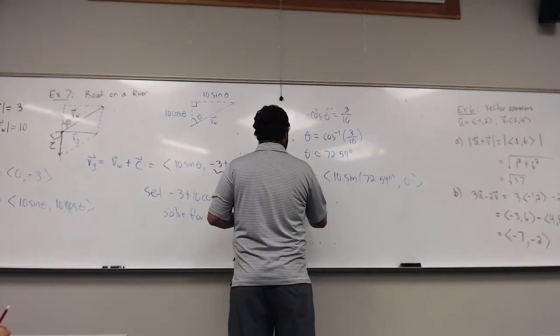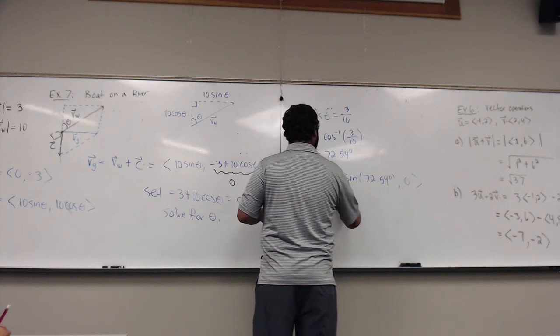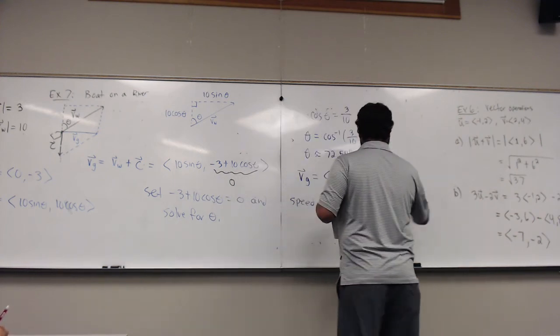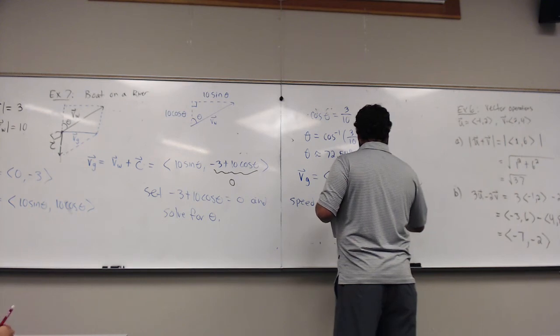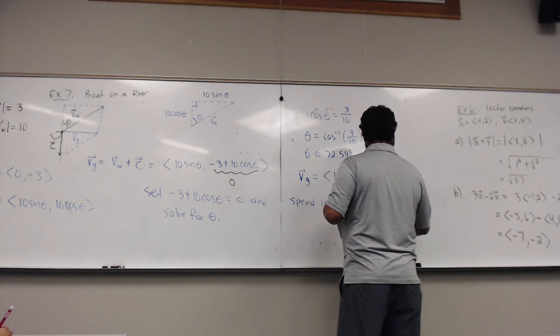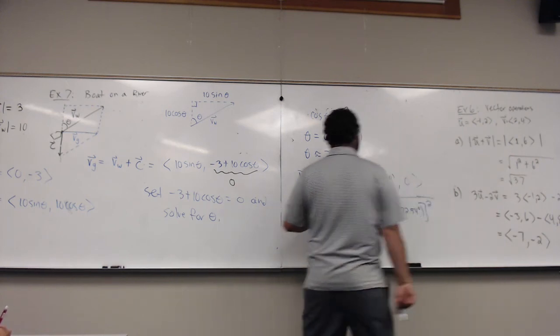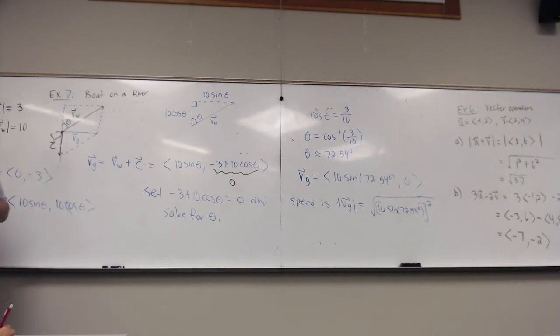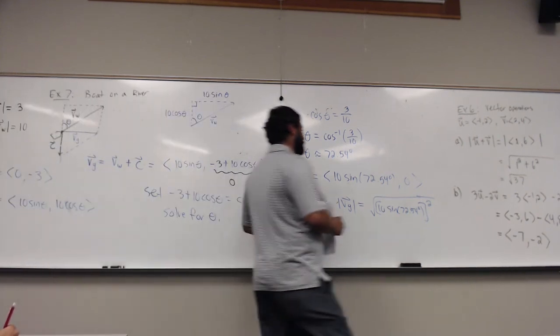And then the speed is the magnitude of that vector. The boat's going to be traveling at a speed of the square root of 10 sine 72.54 degrees, squared, because the other component is 0. So you just have to take the square root of the x component squared.